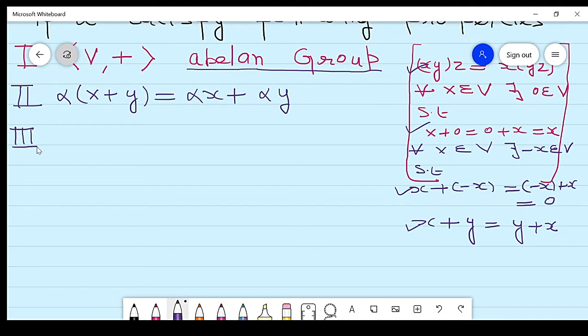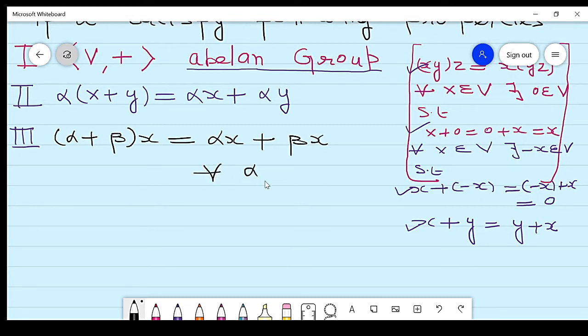Property number 3: (alpha plus beta) times x is equal to alpha x plus beta x, where alpha and beta belong to the field and x belongs to V, right?